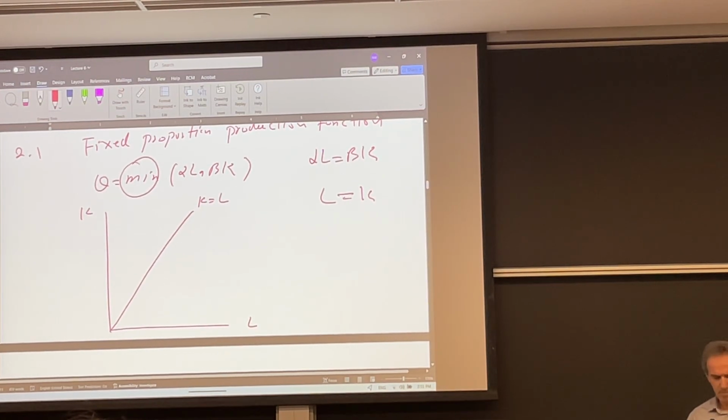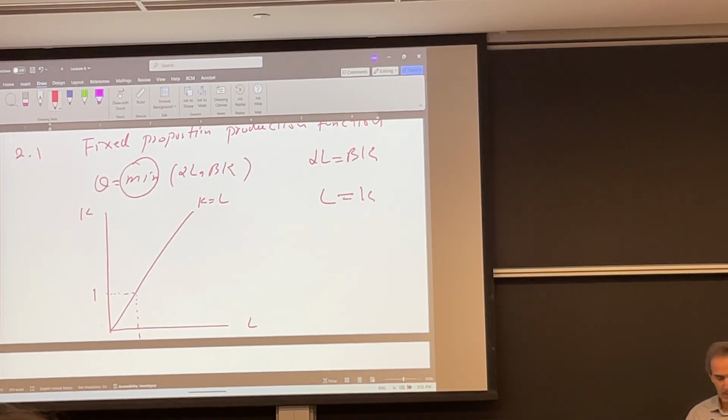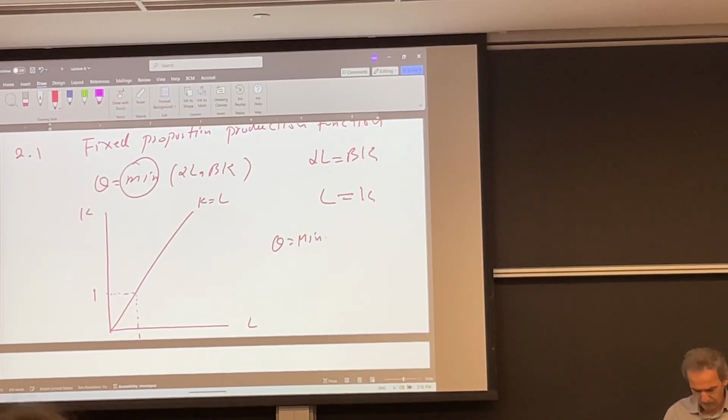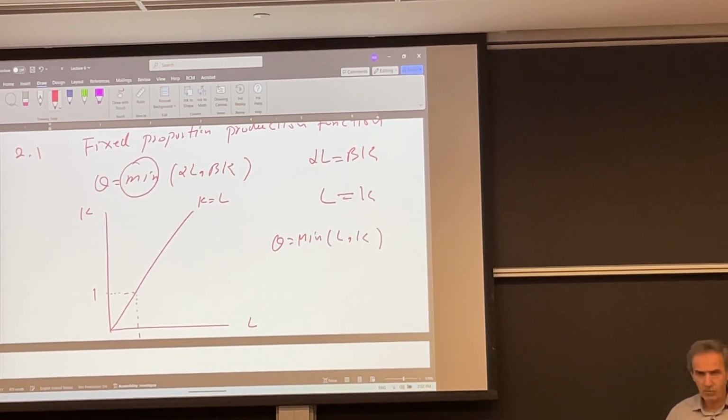Suppose there's one driver, they need one car. How much would they produce? This is 1, this is 1. They're going to produce 1.